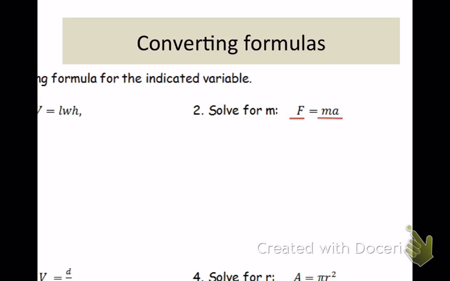Since I want the M alone, I'm going to cancel the A by dividing both sides by A. And just like in the previous problems, the A's cancel on the right side, and it frees up my M. So F over A, you don't simplify it. I'm just going to rewrite it backwards now. M equals force divided by acceleration. So that's how I solve for a different variable in this example.